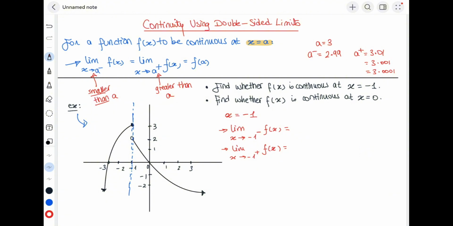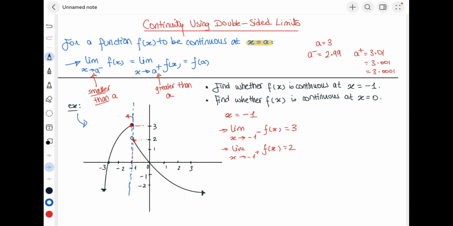Now, if we look closely, the limit of f of x as x tends to -1 negative, it means from that side, which means our point is approximately here, which is equal to the y value of 3. Now, limit as x tends to -1 plus, which means from the positive side, which is here, and our y value for that is 2.